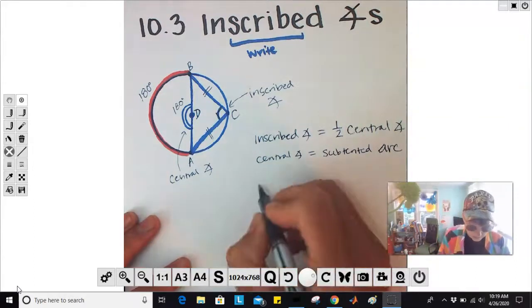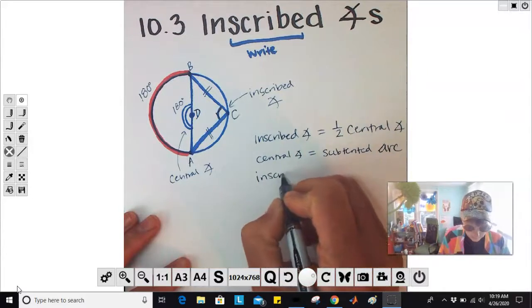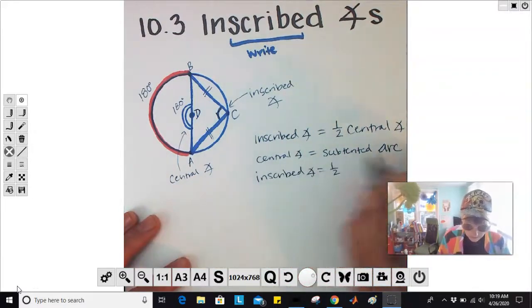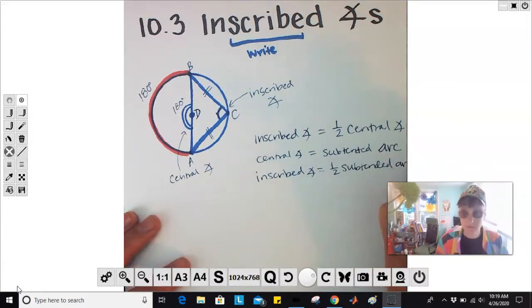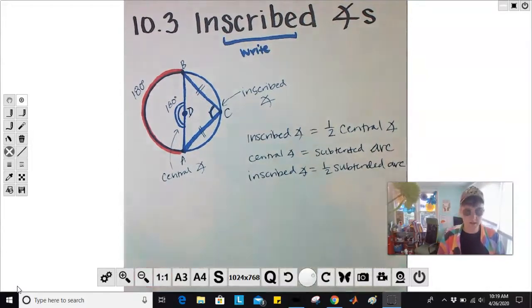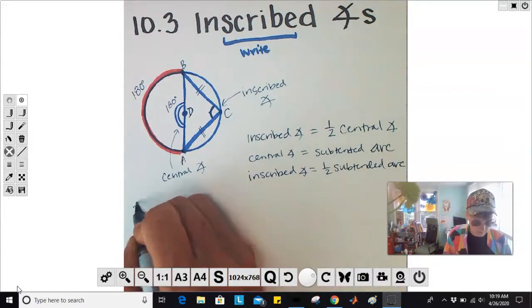So the inscribed angle is 1/2 of the subtended arc. Oh, I said subtended. Subtended arc. And I went off the page. Great. All right, let's do a couple examples.